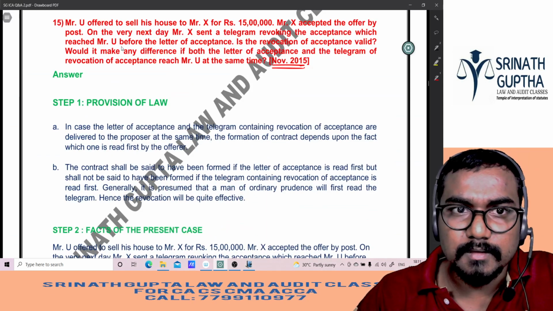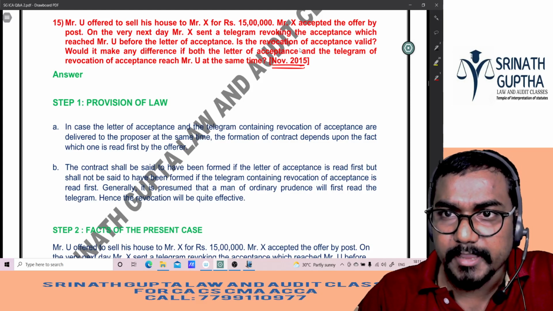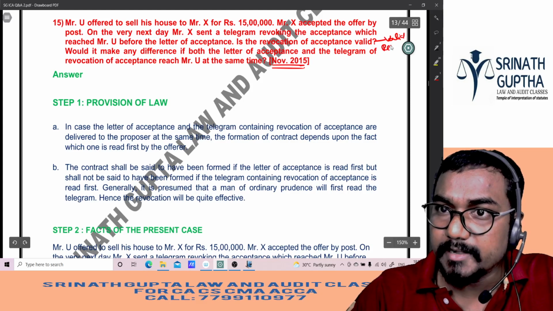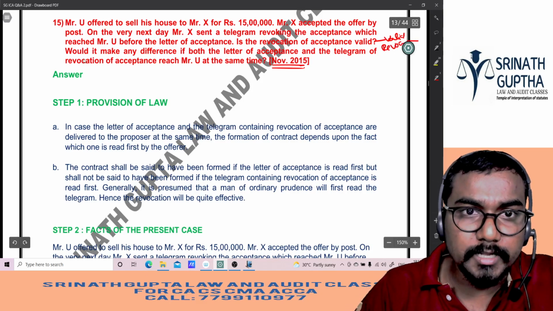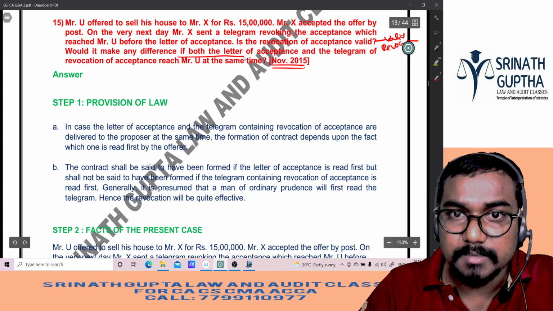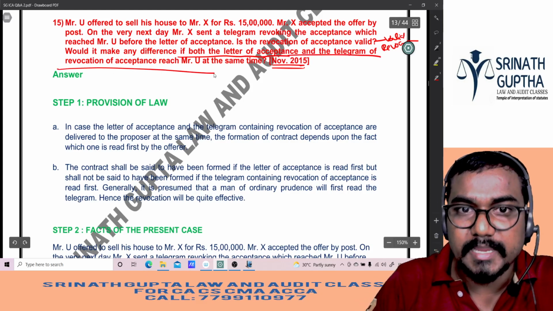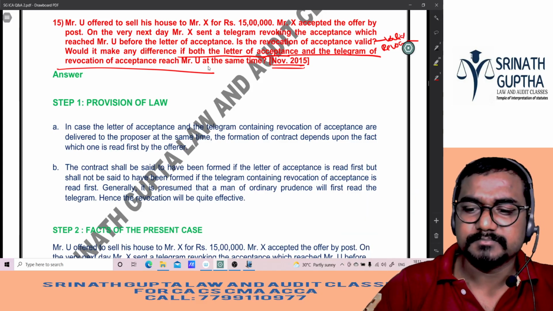So is the revocation of acceptance valid? Yes, revocation is valid. Would it make any difference if both the letter of acceptance and the telegram of revocation reach U at the same time? Same question, beta.